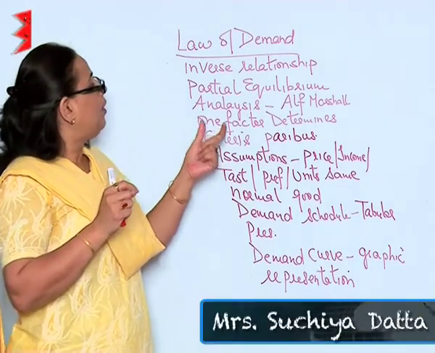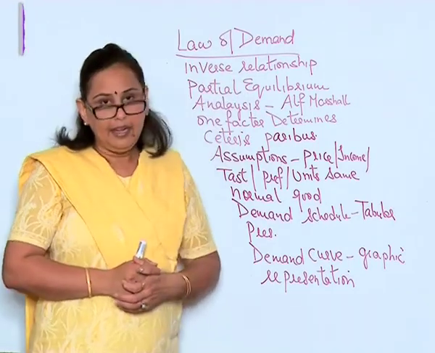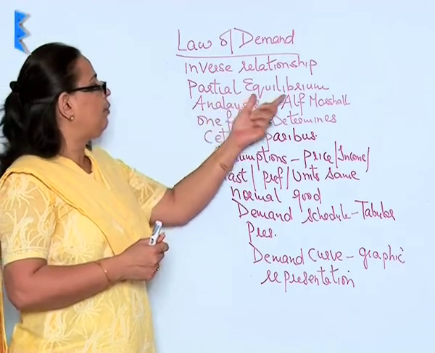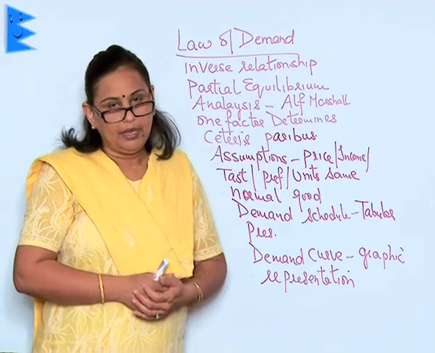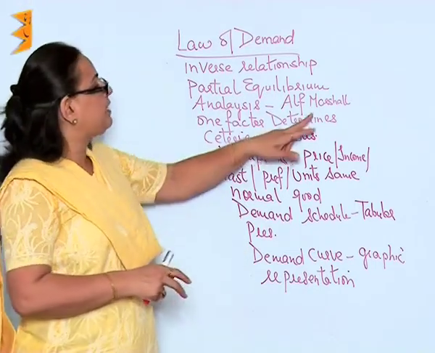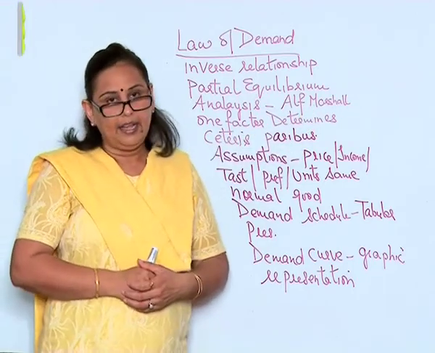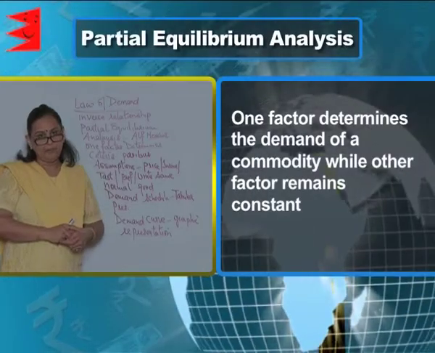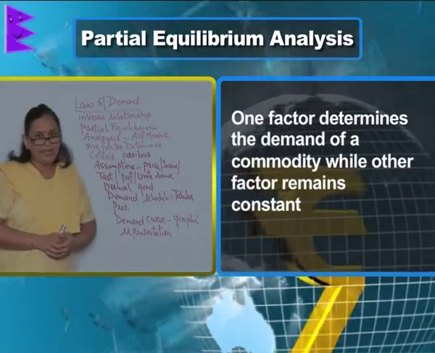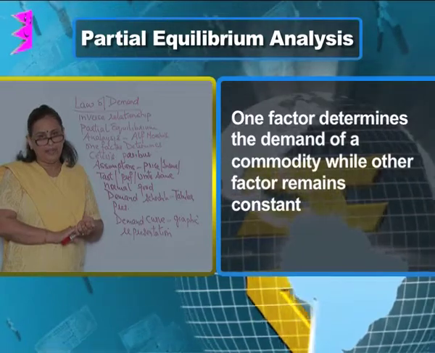Okay. Now, when we study the law of demand, we always do it by partial equilibrium analysis. This partial equilibrium analysis was devised by Alfred Marshall, and he said that one factor determines the demand of a commodity, whereas the other factors remain constant at that time.